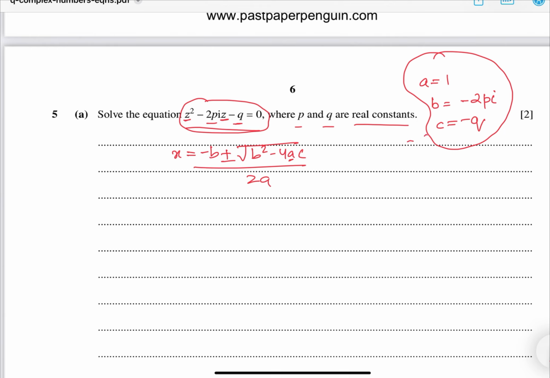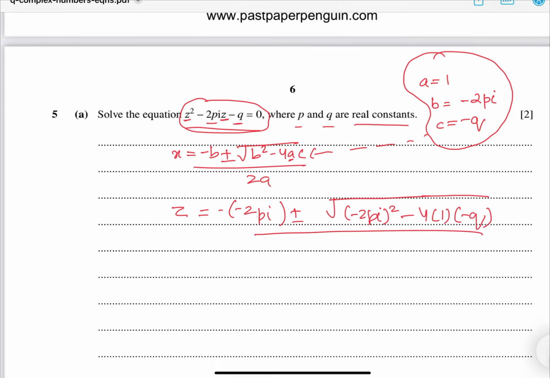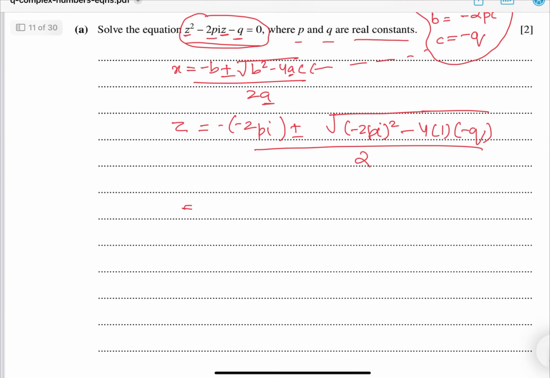Alright, now let's plug in the values in this formula. So our roots would be z equals minus b, that is 2pi, plus minus square root of (negative 2pi) square minus 4 times 1 times negative q, whole divided by twice of a, that is 2. Let's solve it further. It would be 2pi plus minus square root of negative 4p square plus 4q.